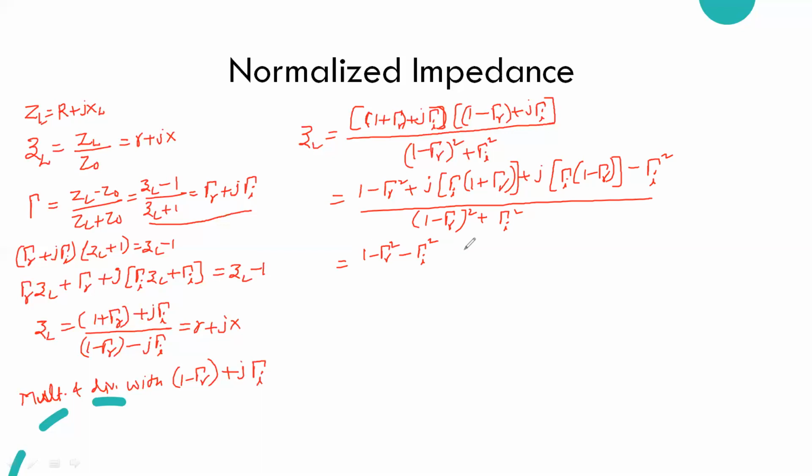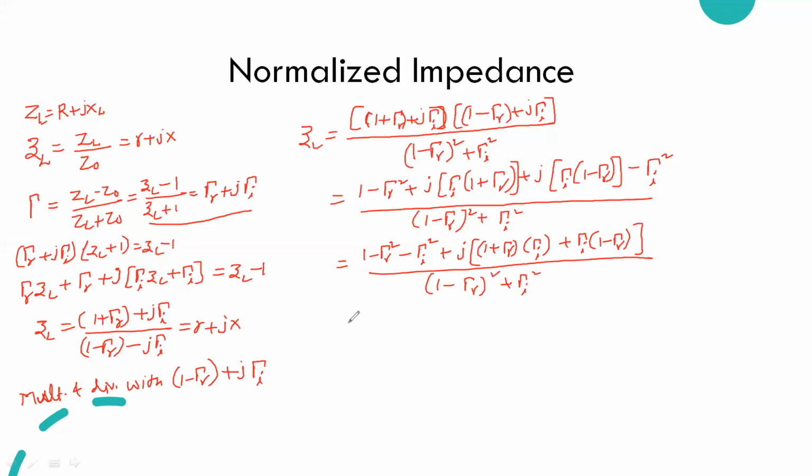So I am writing the imaginary terms, that is the j terms, separately. Then you will get 1 plus gamma r into gamma I plus gamma I into 1 minus gamma r, divided by the denominator term, which is the same, gamma r square plus gamma I square.